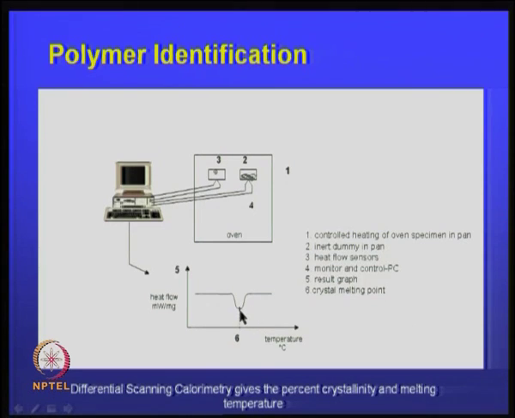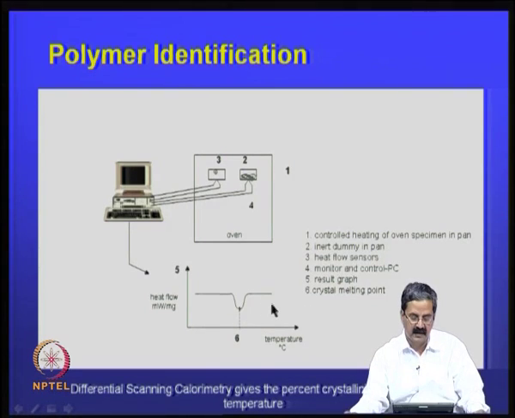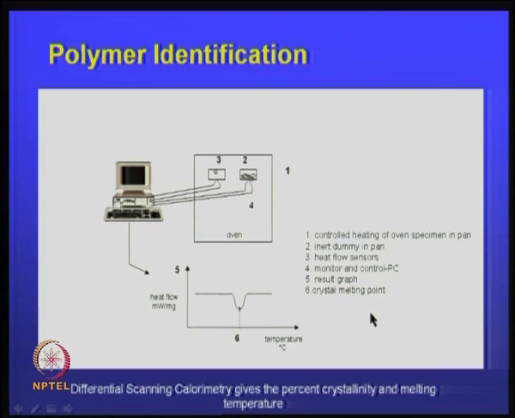For example, here you have the crystal melting point, which is number 6 here. This is a graph, and you will have a result like this. The crystal melting point is somewhere here, it is a function of the type of polymer you have, and so that can be used as a basis to identify the type of polymer.